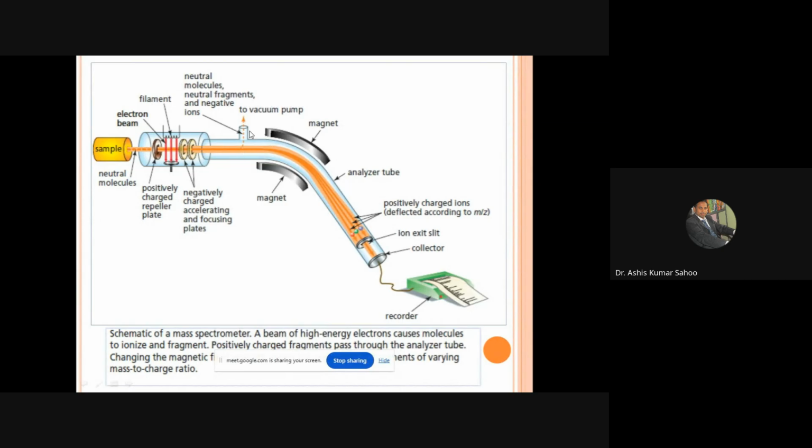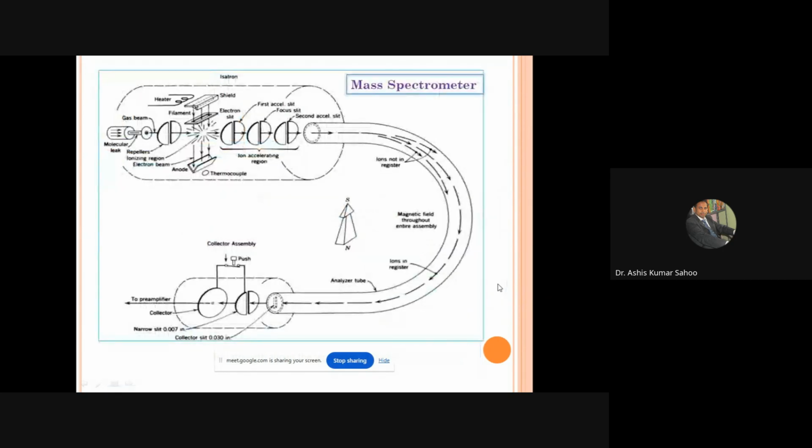A magnet is given here, so the fragments are deflected in different directions and collected by the recorder. This is the complicated process in a mass spectrometer. This is the whole process.